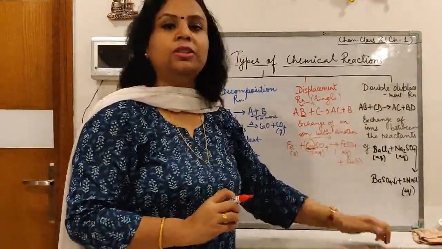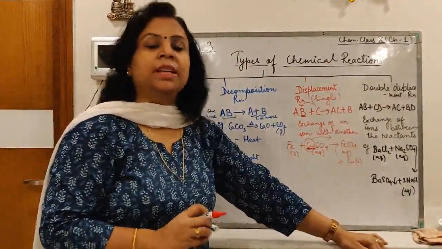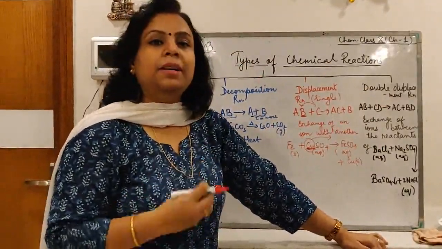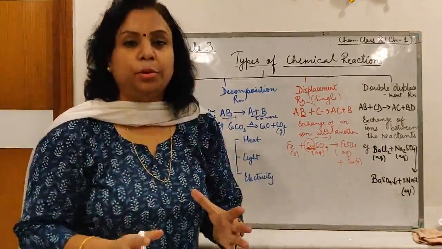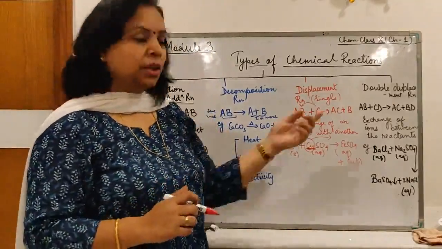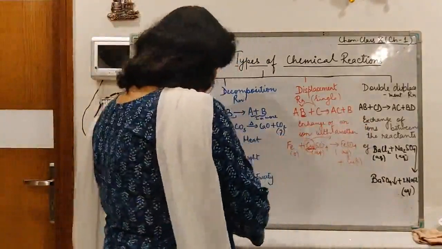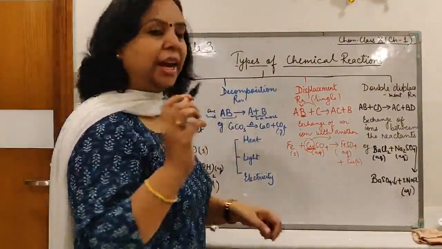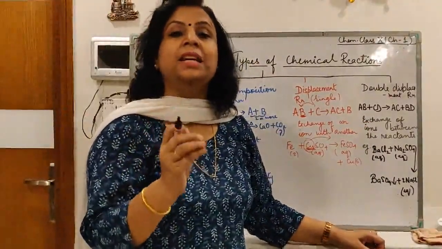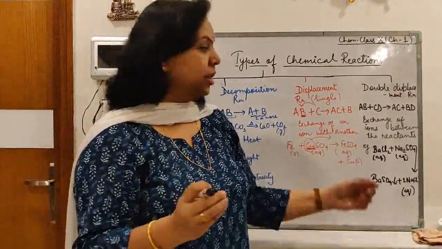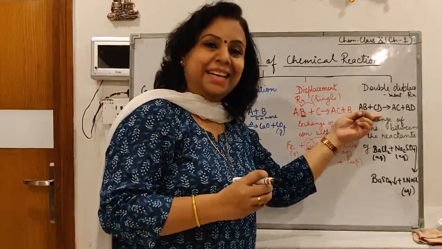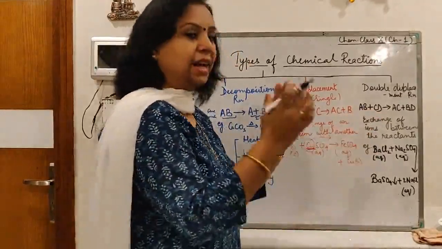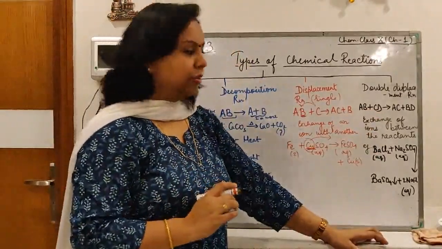Now coming to the fourth category of reactions, it is known as double displacement reaction or double decomposition reactions also. Now over here what is happening, there is exchange of ions between two reactants. Suppose I have taken two reactants AB and CD. What is going to happen? There will be exchange of ions.